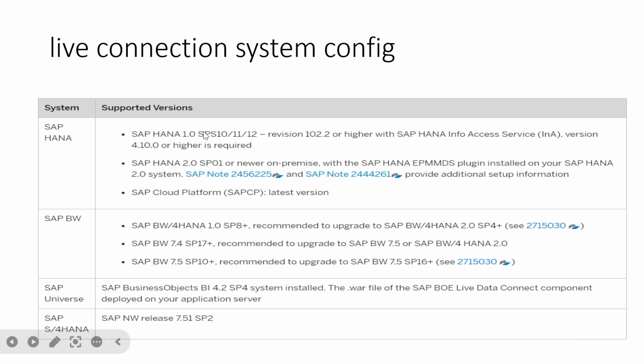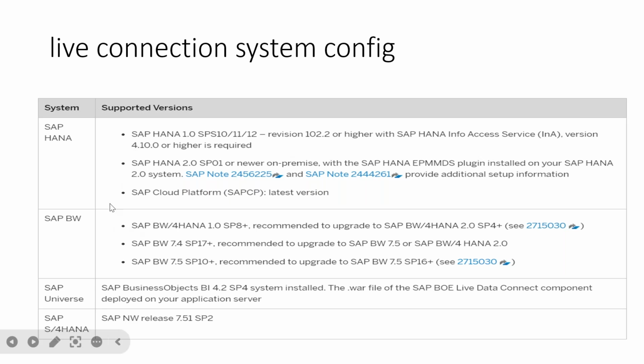HANA 2.0 came into market in 2017. It's been 7 years, we got 2.0, and maximum companies are using 2.0. If they're using any HANA 1.0, like 8 or 9, first they need to upgrade to 10 or 11 or to 2.0 and then connect to analytics. So they need to first go for an upgrade before making a live connection.